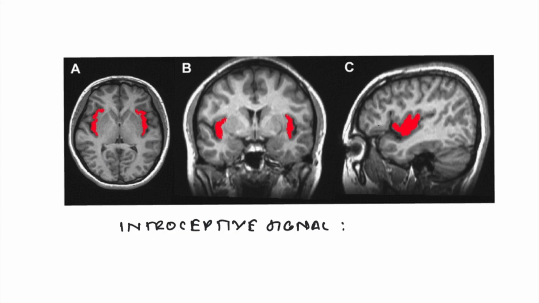This could be a visceral response to a particular situation. So this could be your heart rate, right? This could be your respiratory rate, the breathing, right? This could be temperature.